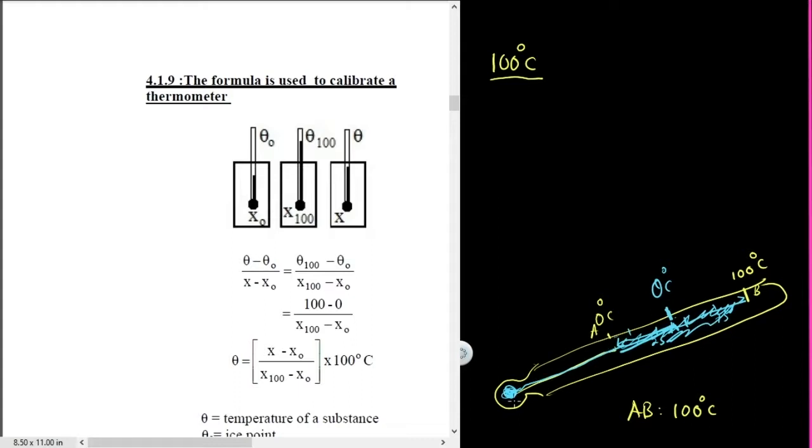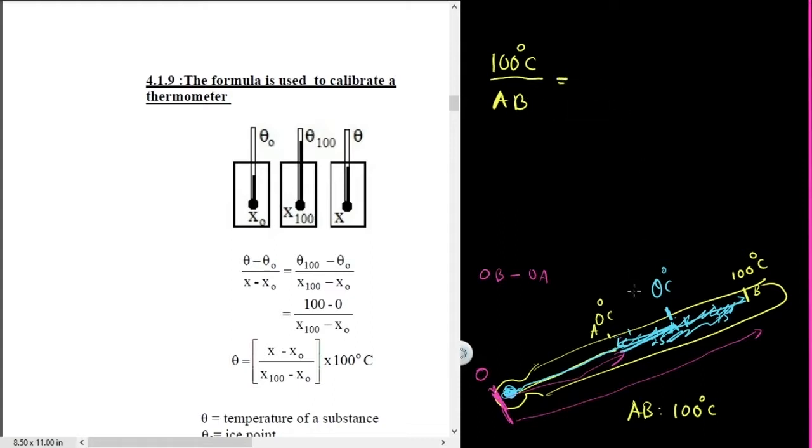Let's say you measure from here, and this is O. We take OB minus OA, and so we get the length A to B. This ratio should be equal along all of the thermometer.